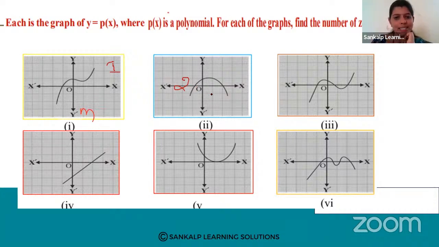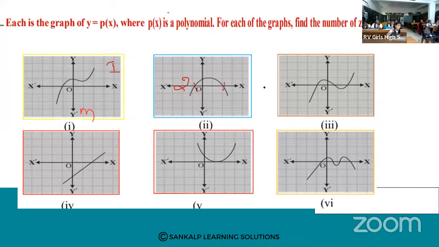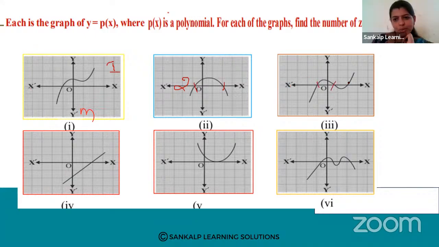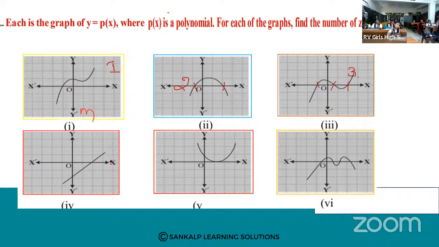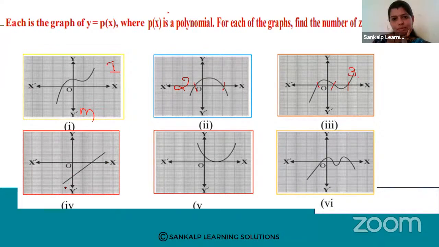How many times it is intersecting the x-axis, or how many times it touches the x-axis? Only 2 times. That is 1, 2. In third case, 3. 1, 2, 3. Right. Yes. Okay. Next. In this case, 1.